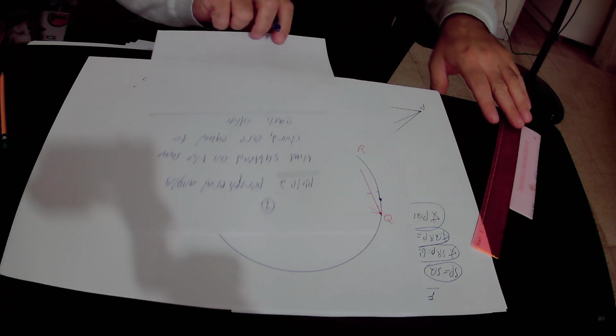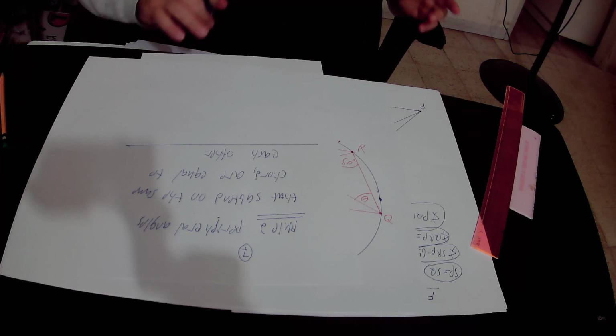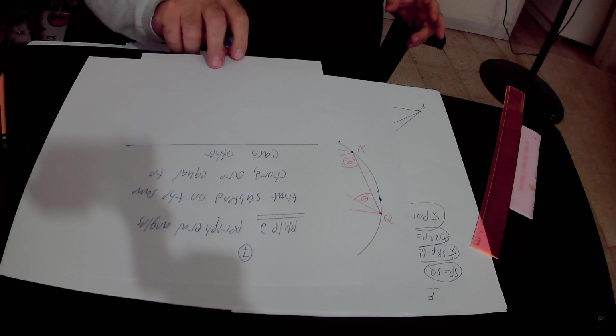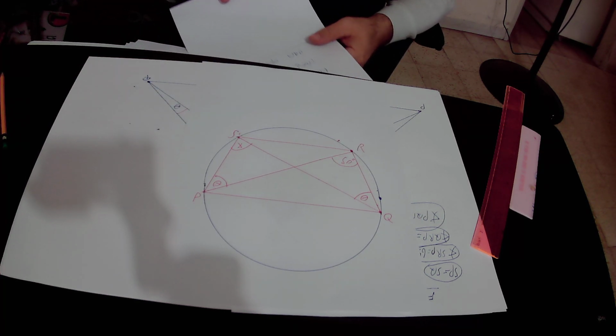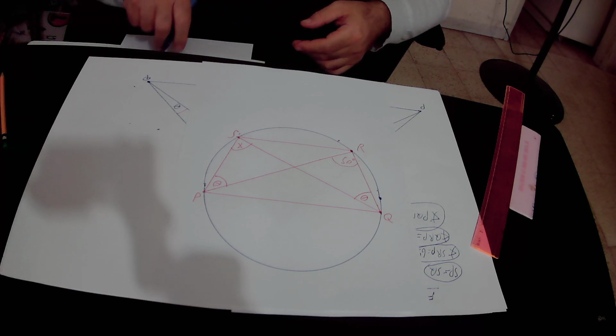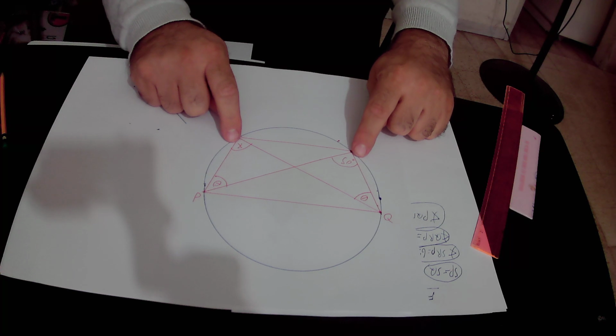So I read rule number 2 again. Rule number 2 states that peripheral angles that subtend on the same chord are equal to each other. Again, we can implement rule number 2 in our drawing. Here we have 2 peripheral angles.